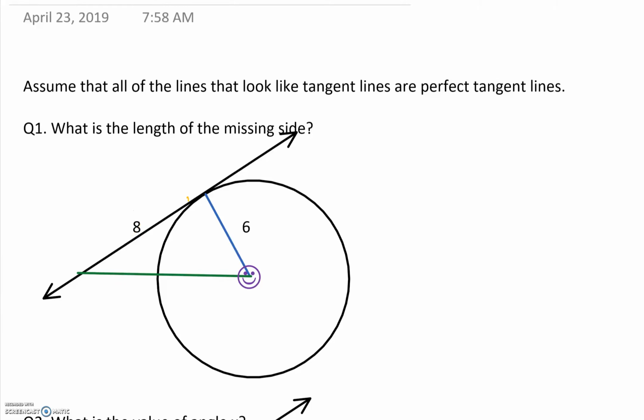except that we have to know something before we can even get that other side, because we need to know that this is 90 degrees. And that is just a rule that we're going to have to believe in.